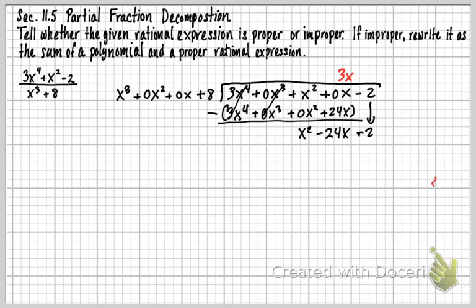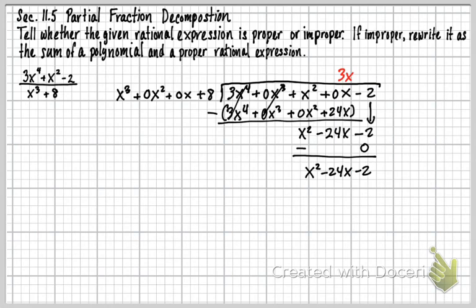So what I would do is I would say plus 0. And then when I multiply this by 0, I'm going to take this 0 here and subtract it. And then I'm just going to end up with this as my remainder: x squared minus 24x. And that was a minus 2, so be careful.